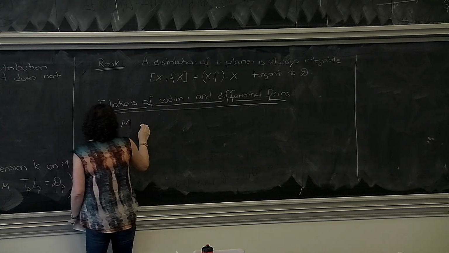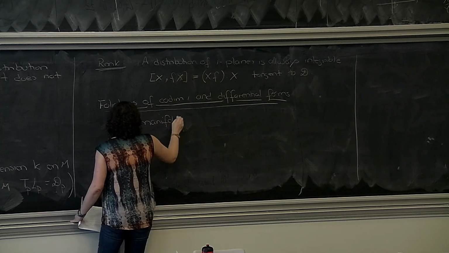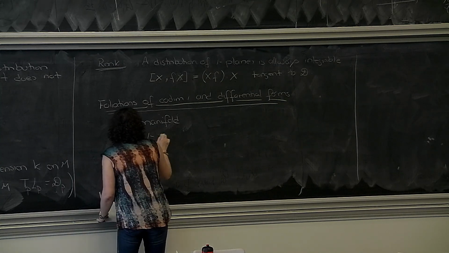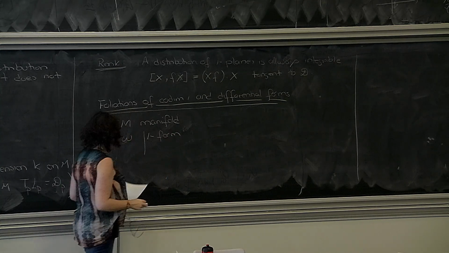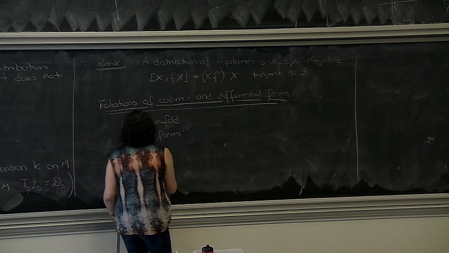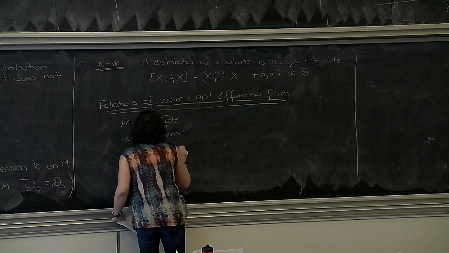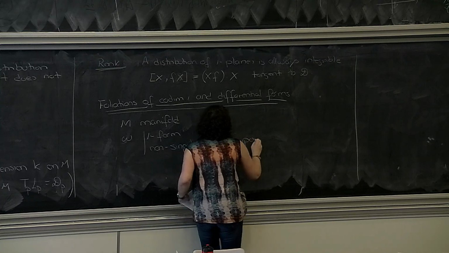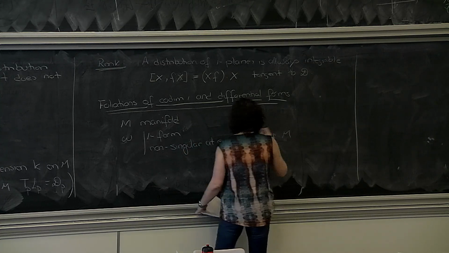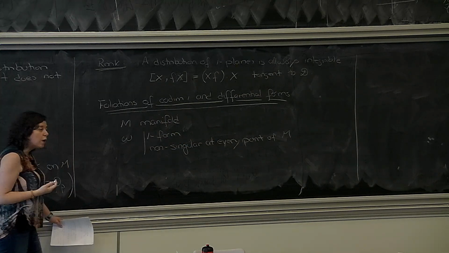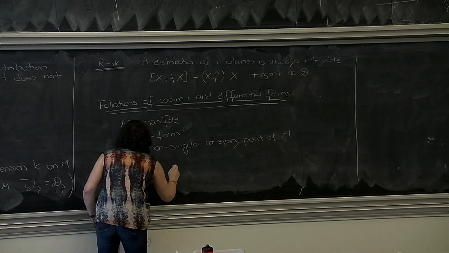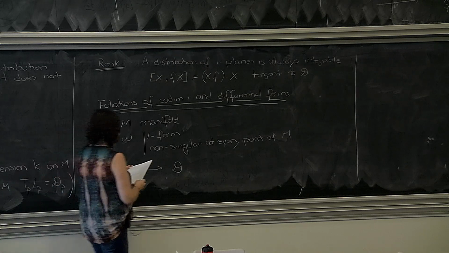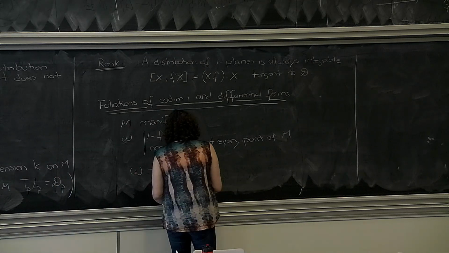Okay, so let us take manifolds and let us consider omega a one form on M such that omega is non-singular for every point of M. This one form here always defines a distribution of k-1 planes, a distribution of codimension 1 planes.